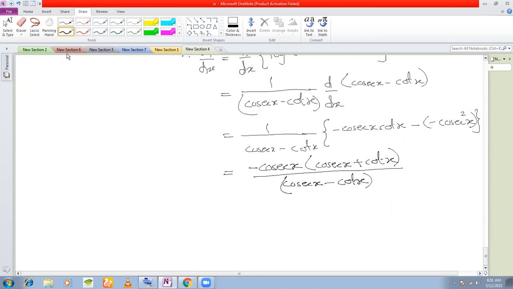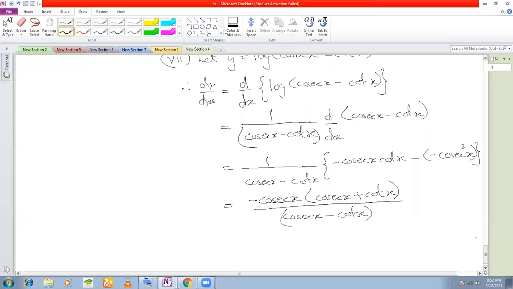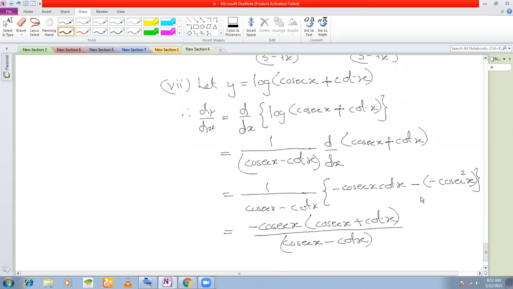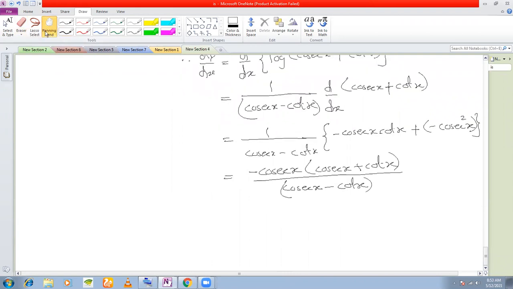So the sign in the question was cosec plus cot, not minus. If we differentiate this, you get a plus sign here.